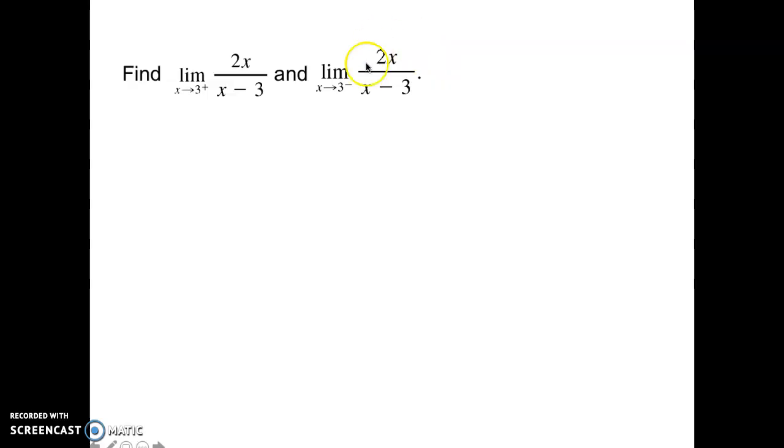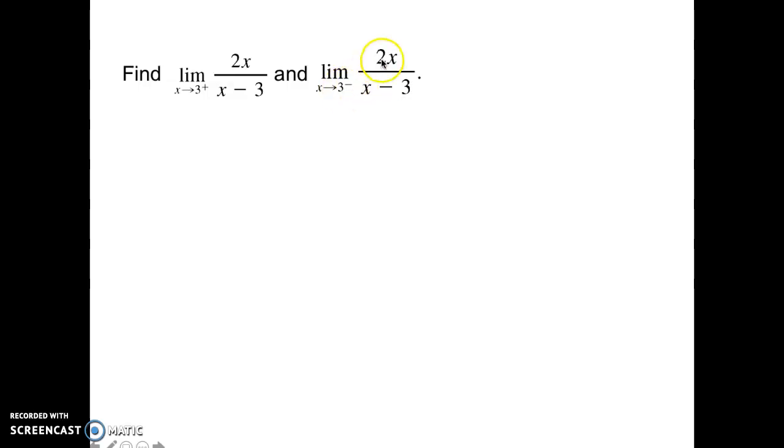So let's go back to this one. Let's approach 3 from the negative side. So let's put in 2. The numerator would be positive, the denominator would be negative, and a positive over a negative would be a negative number. If I put in another number closer to 3 from the negative side, like 2.5, the numerator would be positive, the denominator would be negative, so I'd have a positive over a negative, again a negative number.